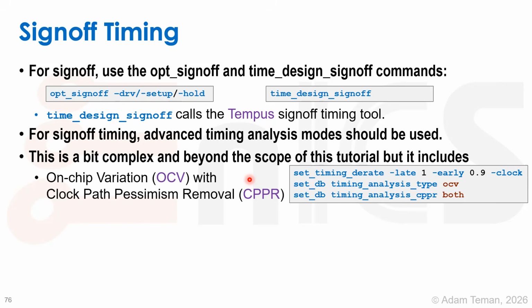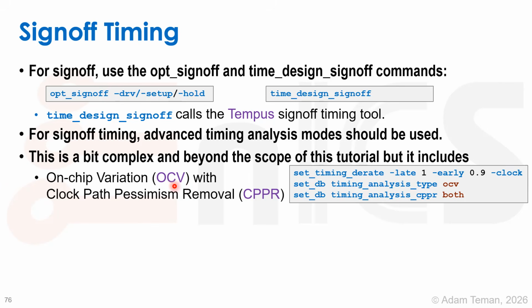For example, in setup, you want to make the launch path worst case, so you'll make it slower: you'll multiply the delay by some factor, like increase the delay by 10% on the data path. And on the contrary, you'll want to make the capture clock path faster, so you'll multiply by 0.9 or something. That gives us a really hard case to meet timing. And on hold, you'll do the opposite. You'll make the clock path slower and the data path faster.